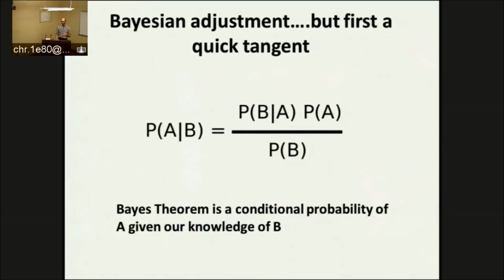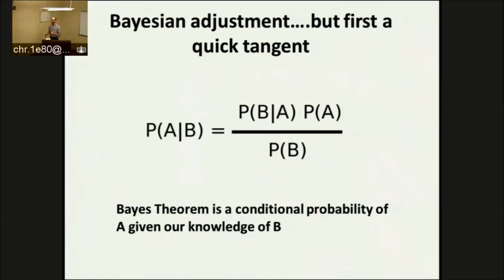But now to do a little bit better job of it, we can go down this road of what's known as Bayesian misclassification adjustment. And to introduce that, I first have to take this quick tangent to talk about Bayes' theorem.